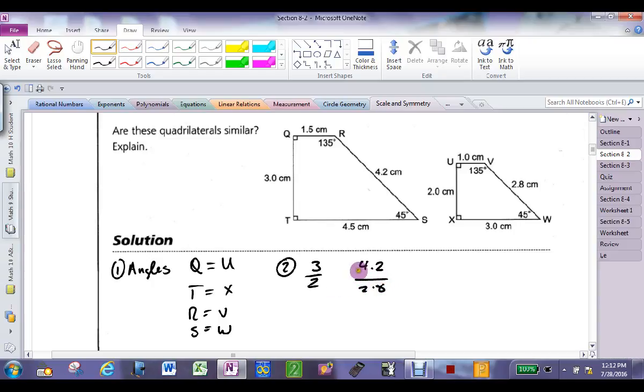And now I just check if those are the same. 3 divided by 2 is 1.5, yes? 4.2 divided by 2.8, somebody with a calculator check it. 1.5. So since they're the same, these are similar figures. Everybody good? Okay.